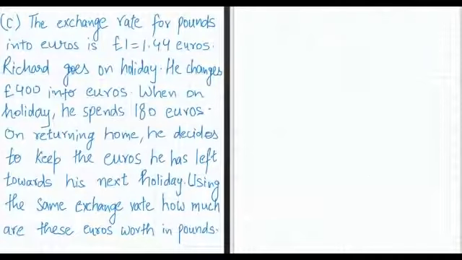And the next part of the question says, on returning home he decides to keep the euros, which is 396 according to our calculation, he has left towards his next holiday. Using the same exchange rate, how much are these euros worth in pounds?